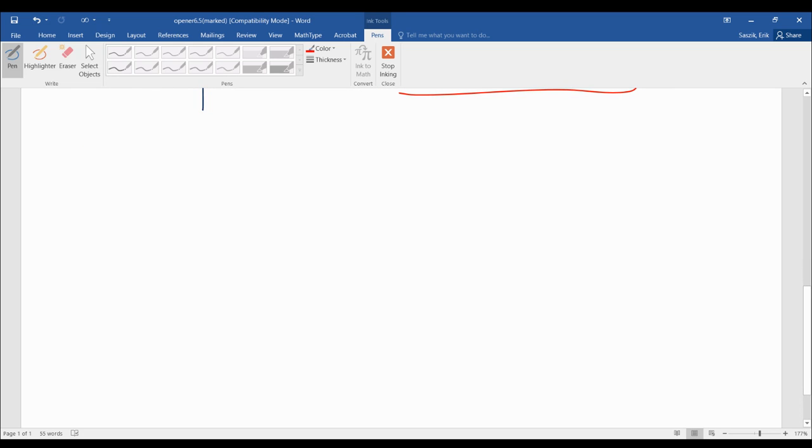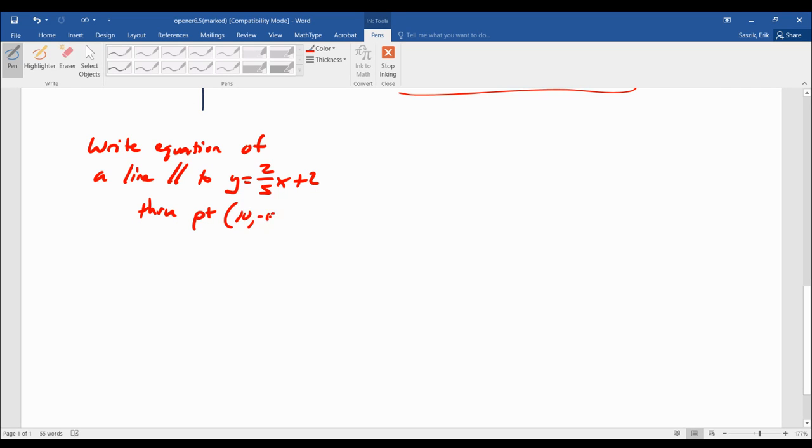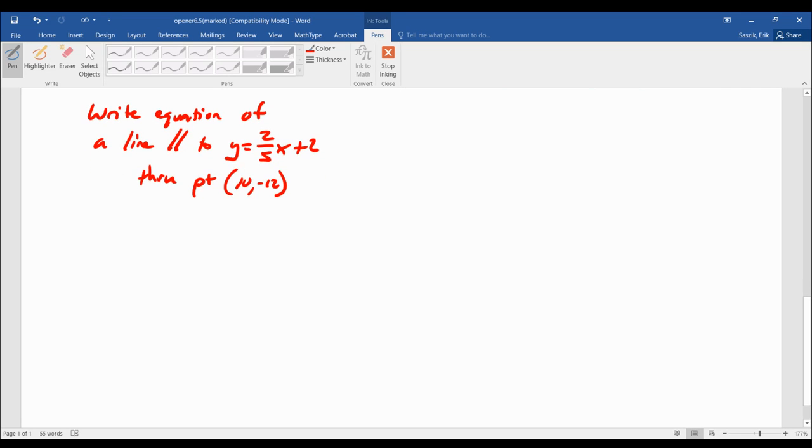So if I asked you, here's another question, write the equation of a line parallel to y equals 2/5 x plus 2 through point 10 comma -12. There's a couple things you got to think about here. First, this point is just a plain old point.